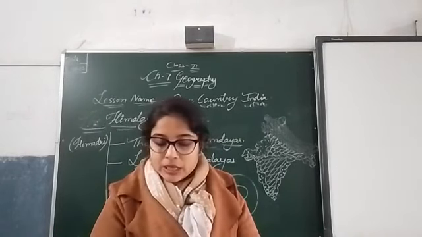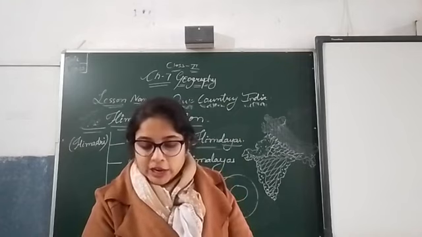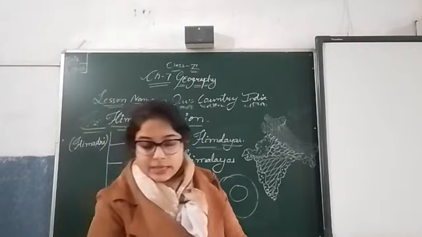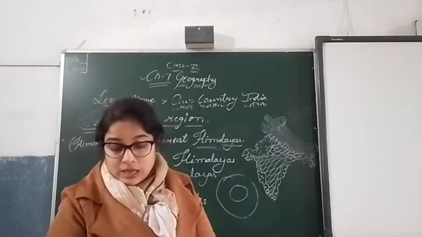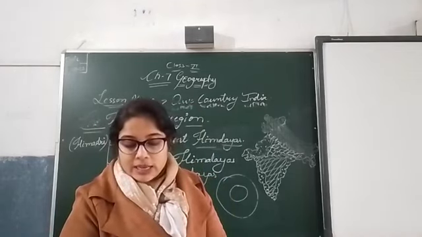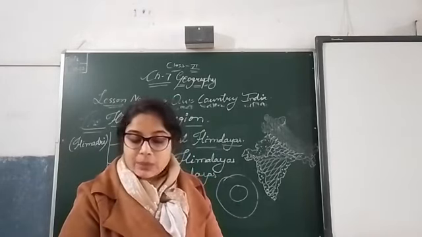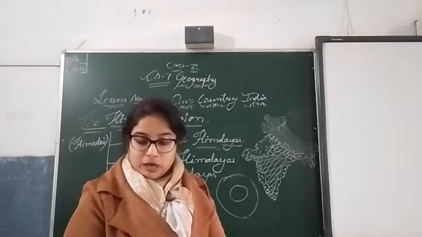The famous tributaries of the Indus River are Jhelum, Chenab, Ravi, Beas and Satluj. Yamuna, Gomti, Ghaghra, Gandak, Son and Kosi flow into the Ganga River, and Teesta is the major tributary of the Brahmaputra River.